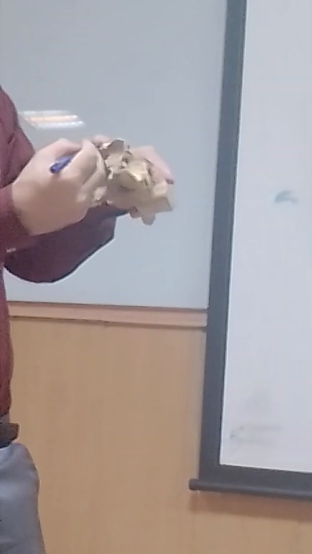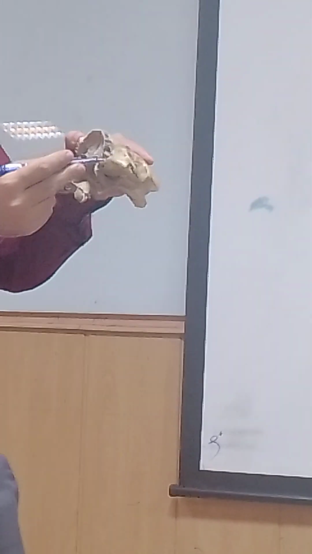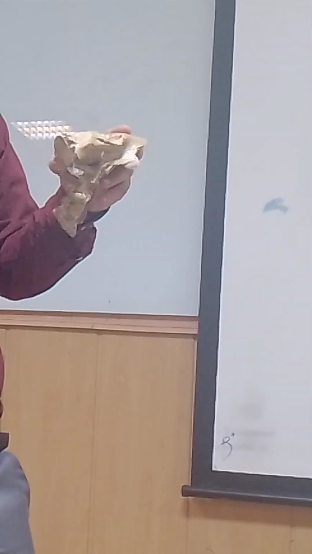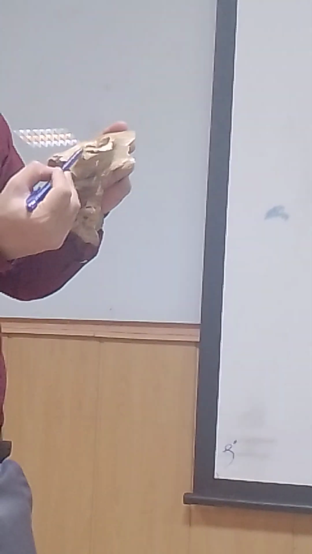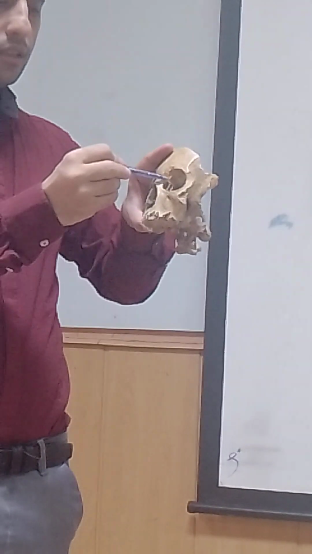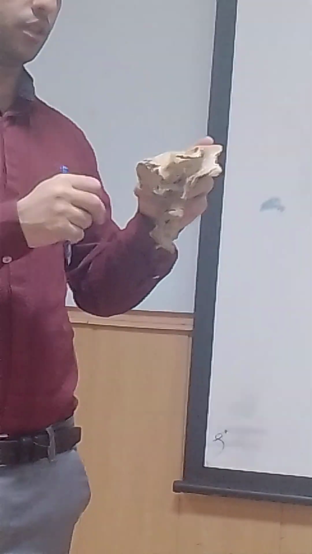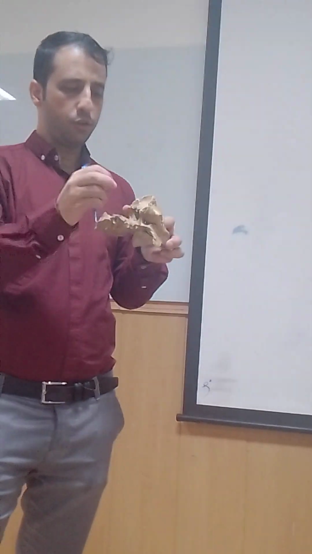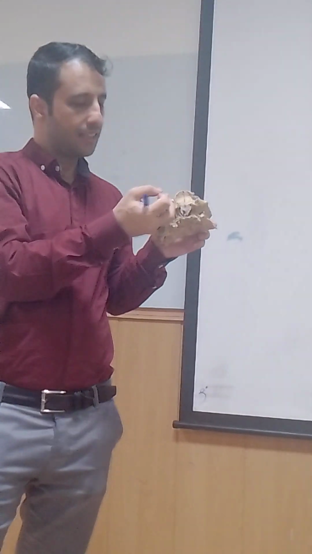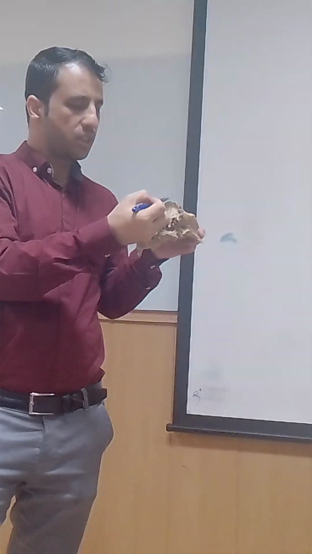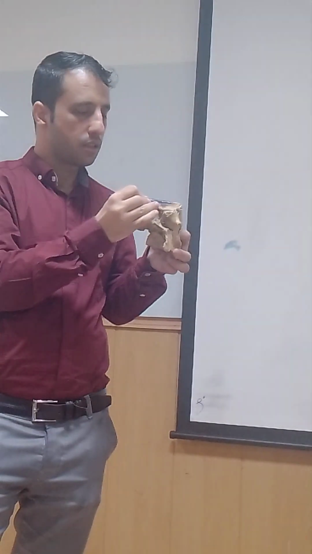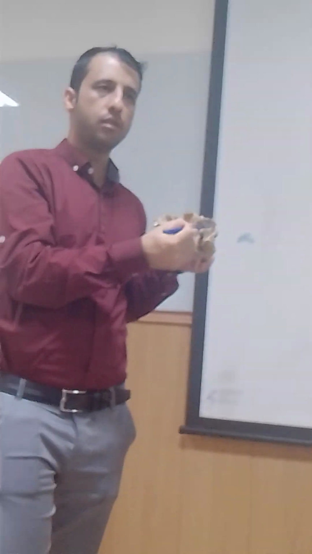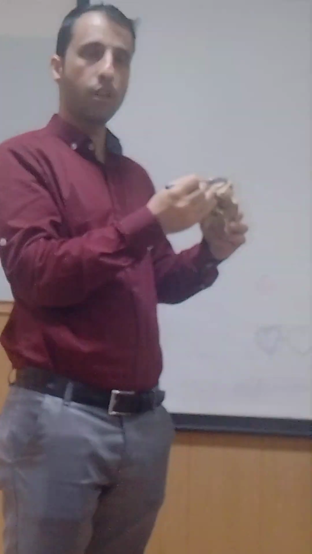Inferiorly, this process is named the alveolar process. This process is named the palatine process. This is named the zygomatic process, and the frontal process. Four processes. When the two palatine processes attach together, posterior to the incisive teeth, you can see a foramen, the incisive foramen.